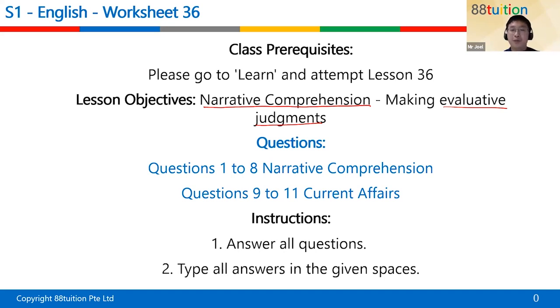Their main job is to ensure that by the end of Sec 4 or Sec 5, you are ready to take your O-levels. So whenever I refer to exam papers, I will always speak as if we are talking about the O-levels, because that's the final frontier, the last thing you're aiming for at the end of the day. So we'll be looking at that.